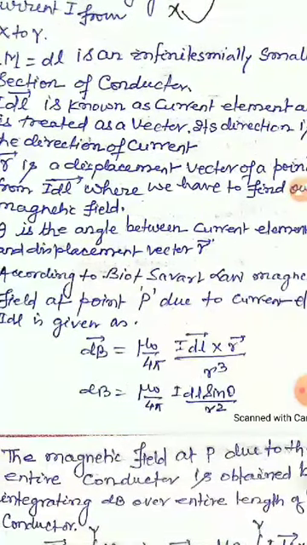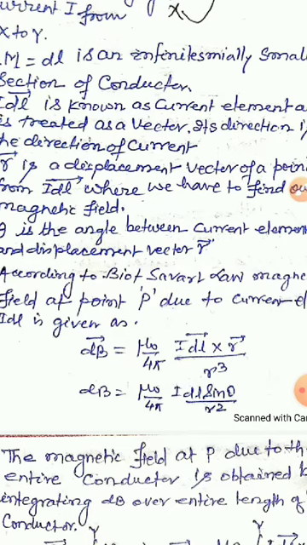Now, what is the direction of magnetic field at point P? Direction is determined by using the cross product rule. Rotate a right-handed screw in the direction from I dl to r.